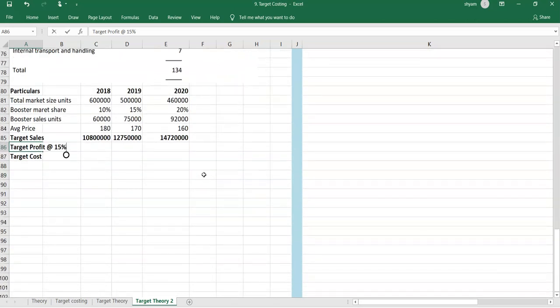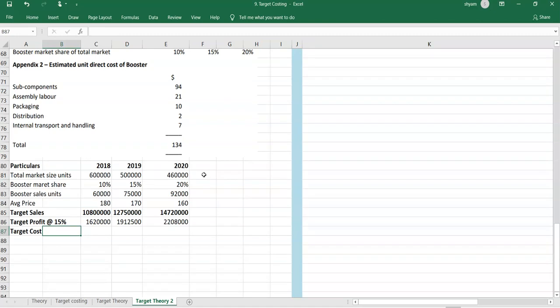So net profits are usually computed on the sale value. So whatever the sale value into 15%, if we put, we'll get the profit. Now we'll try to find out what is the target cost. See, so cost per unit is this, at 134.